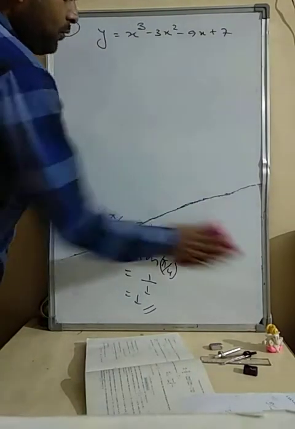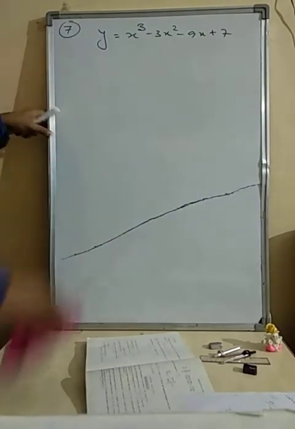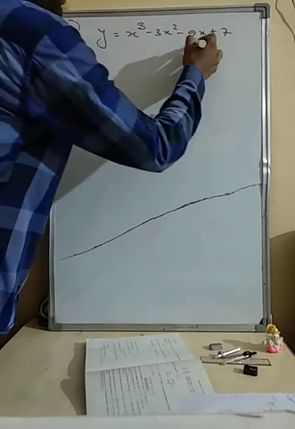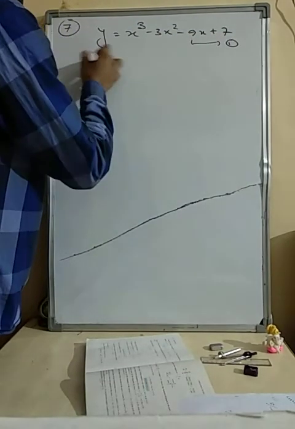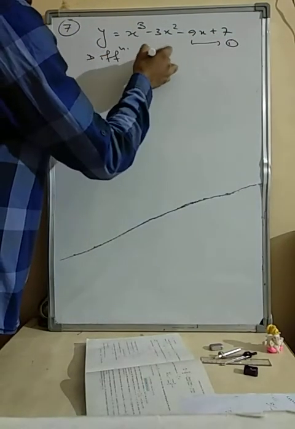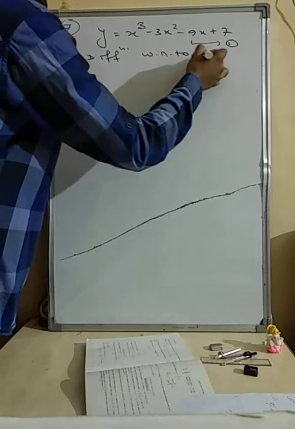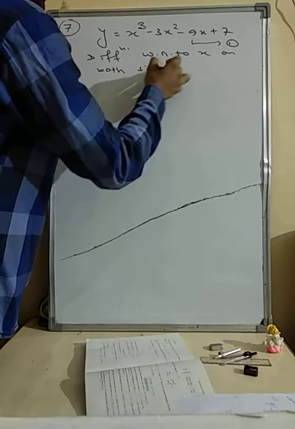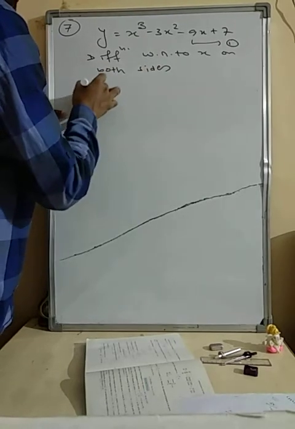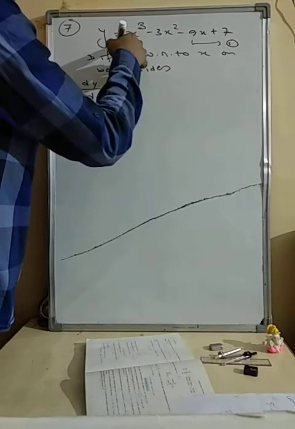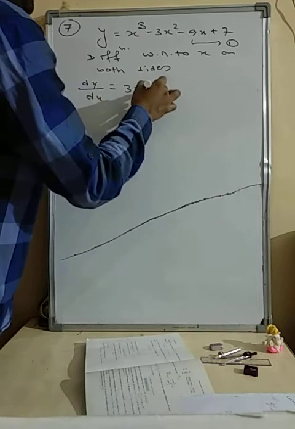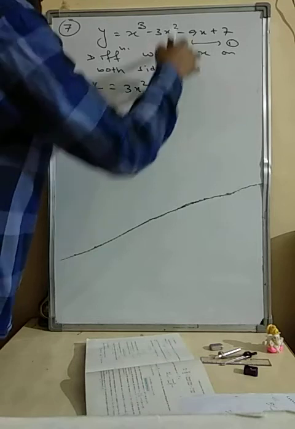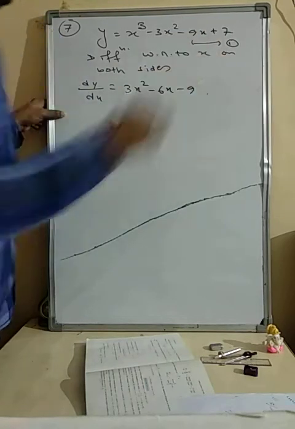So first of all you have to find the slope of the tangent, that is, differentiating this function, give it number 1, with respect to x on both sides. So it will be dy by dx equals 3x square minus 6x minus 9. Twice x, 2 3s are 6x, minus 9.